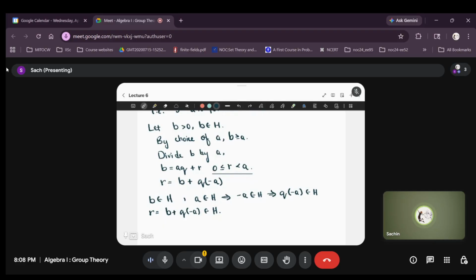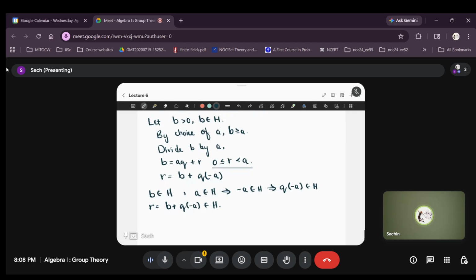Yes, that is my aim. But why is R equal to 0? Suppose A is 4. Why can't R be equal to 3? What is the problem? Why should R be equal to 0?